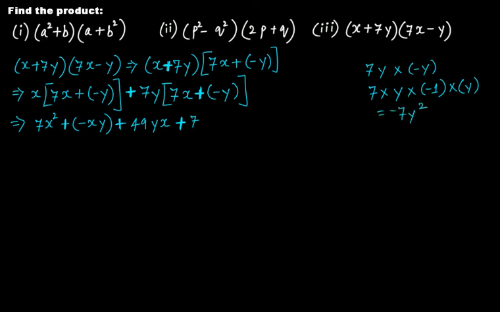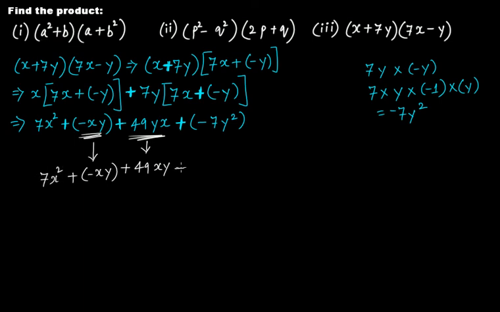So this is actually plus minus 7y squared. Okay, now if you look at this term, this is minus xy, this is 49yx. 49yx can be written as 49xy, and this is minus xy plus 7x squared and plus minus 7y squared.